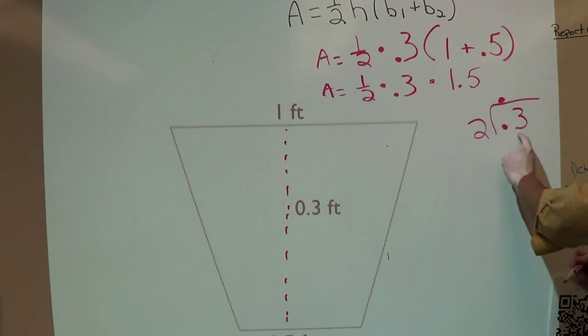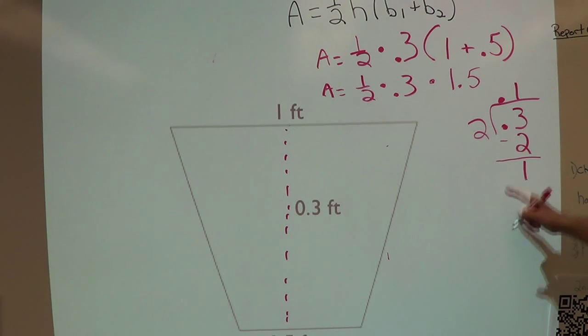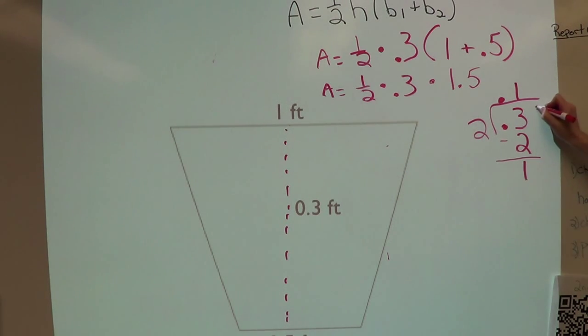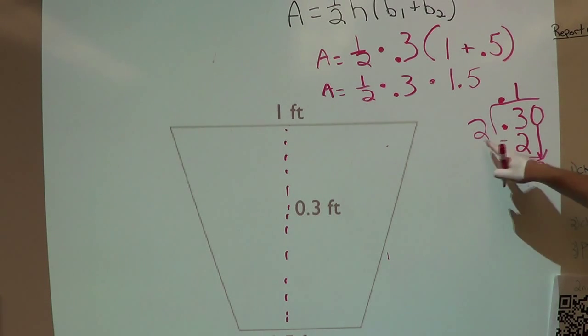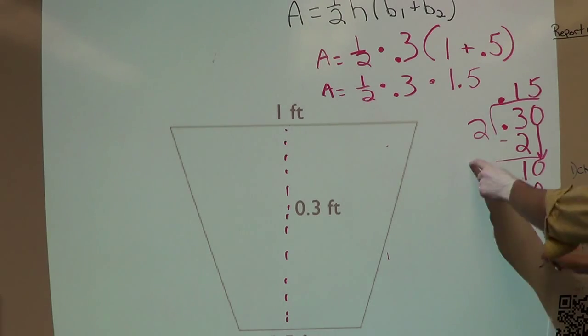Perfect. 2 goes into 3 one time. 1 times 2 is 2. Subtract. 3 minus 2 is 1. Let's annex a 0. Drop it. Perfect. So now 2 goes into 10 5 times. 5 times 2 is 10. Subtract. We are at 0. We are good to go.